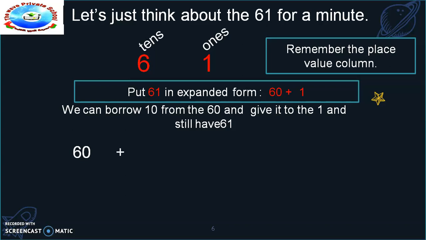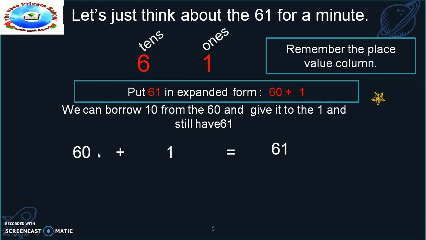As in the expanded form, we can write 61 as 60 plus 1. Now, borrow 1 ten from 60. 60 means 6 tens.